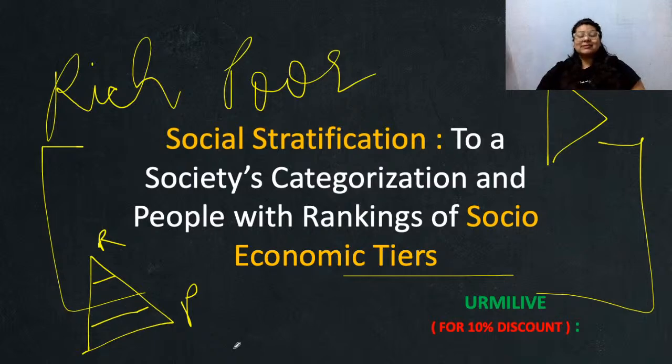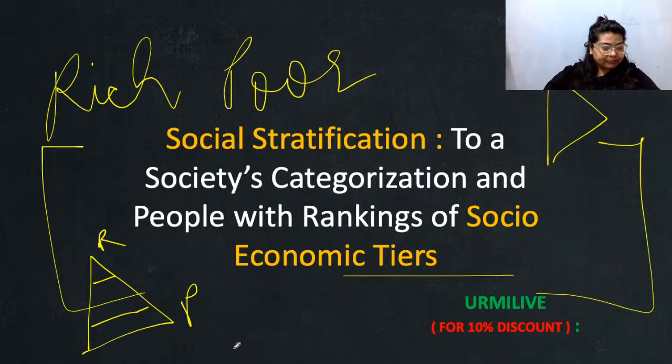This is how I've taught it in the class, that the moment you hear the term stratification, you need to understand it is society's categorization of people with rankings of socio-economic tiers. All right.